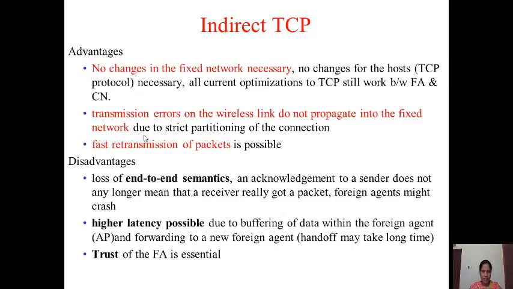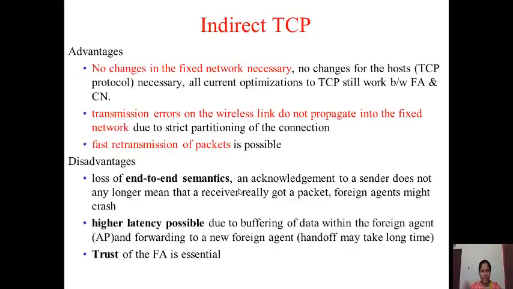So these are certain advantages about indirect TCP, but there are certain disadvantages too, right? When I say disadvantages, one is the loss of the end-to-end semantics. We discussed in the previous points about the advantage where the transmission errors on the wireless part are not propagated to the fixed part.